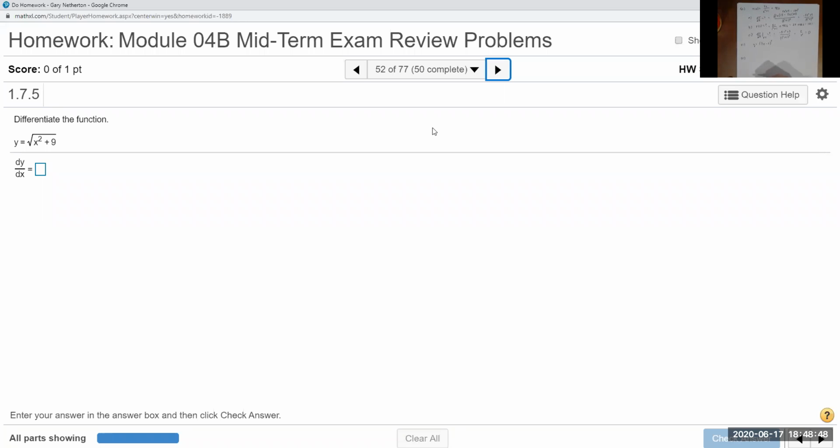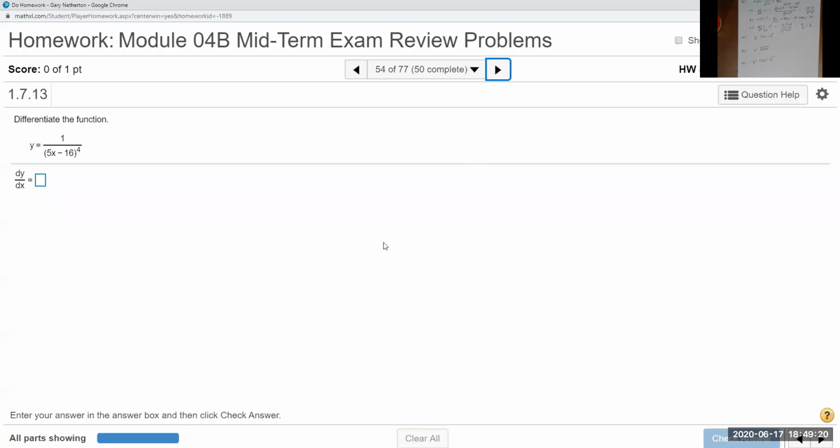So 52 is y equals square root of x squared plus 9. See what the next problem is. That's another, I think, chain rule problem. 53, y equals 3x squared minus 9 raised to the -11th power. Let's see, keep checking until we run out.